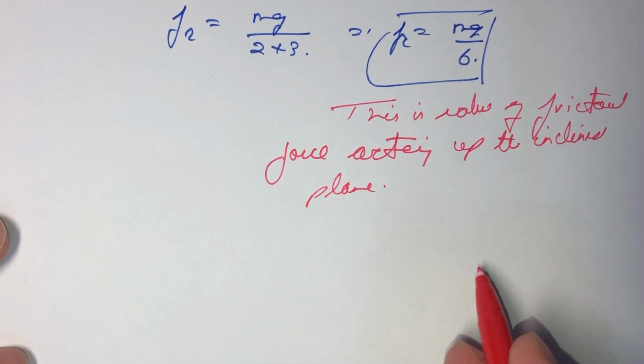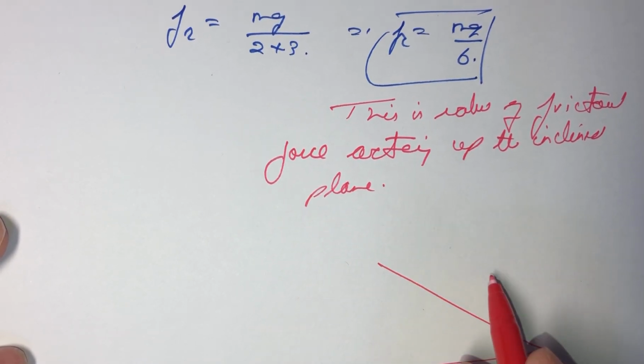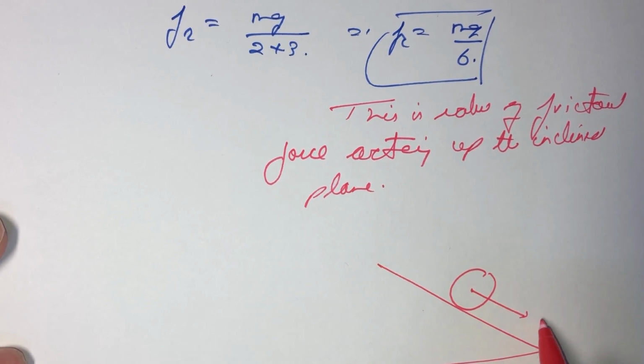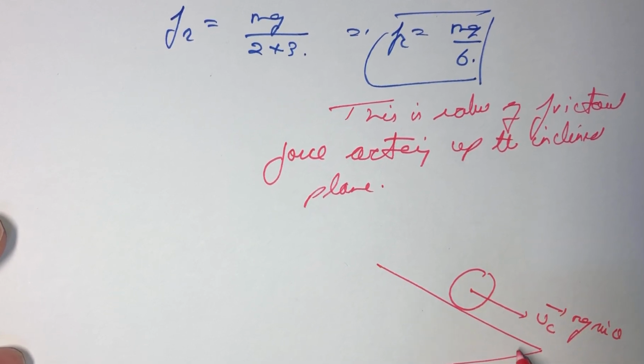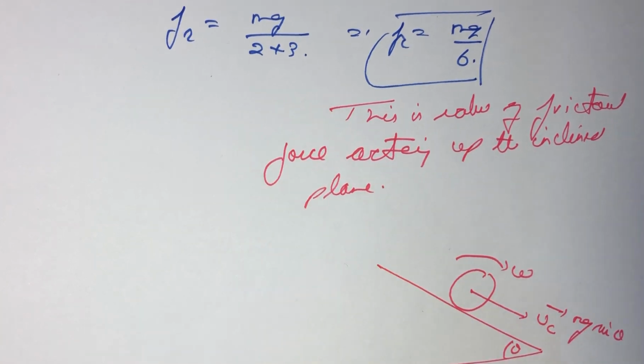So let me draw it here. So now it is moving down the inclined plane. Okay, so we have mg sin theta in the downward direction. So now the angular velocity omega is down the inclined plane.